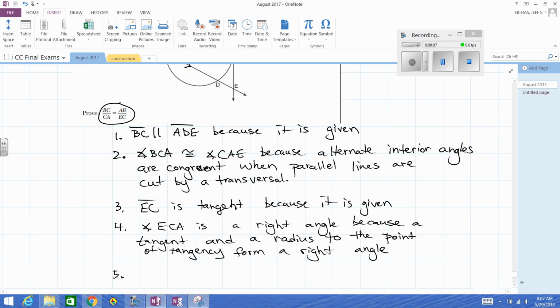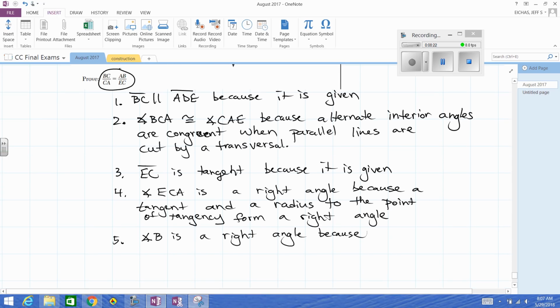Okay, number 5, angle B is a right angle. And I'm probably taking some shortcuts here, but I think that they'd be reasonable. Angle B is a right angle because it is an inscribed angle whose intercepted arc is a semicircle.